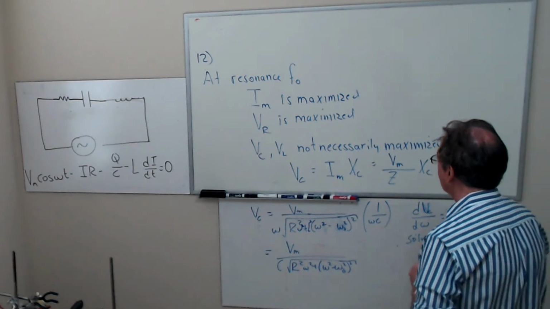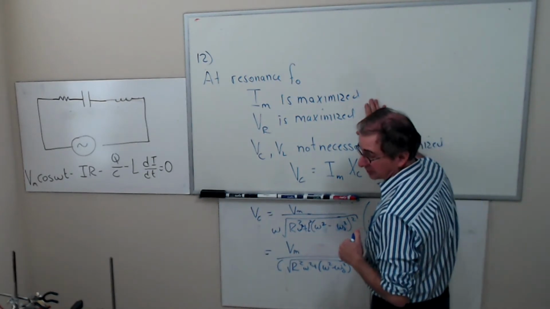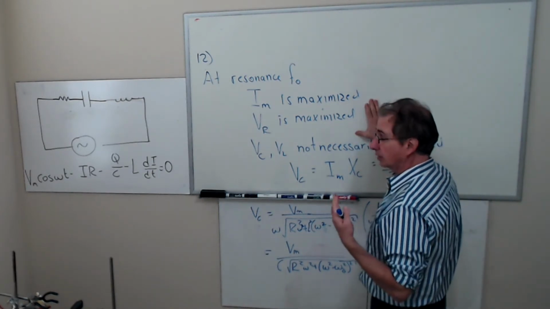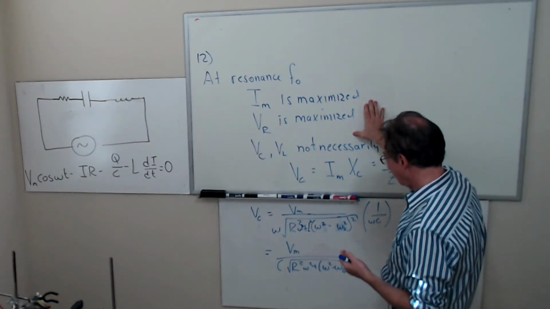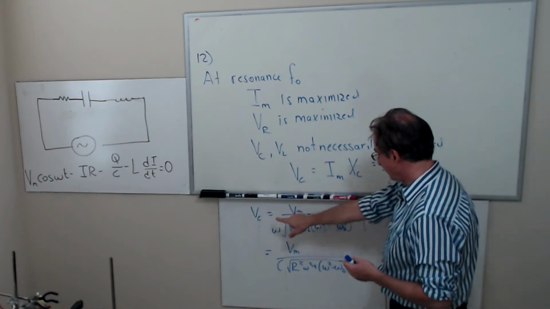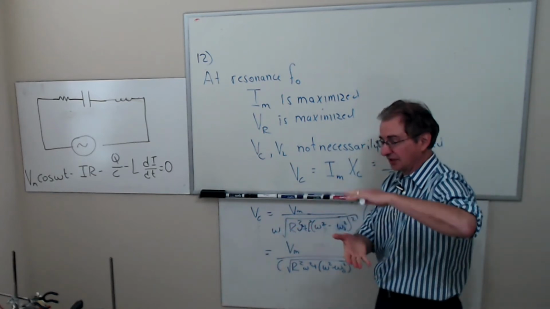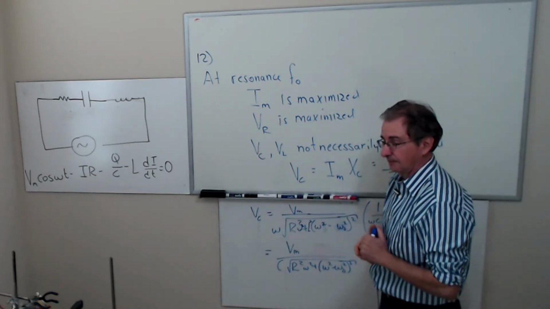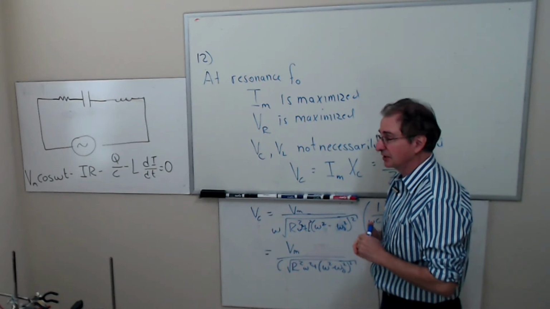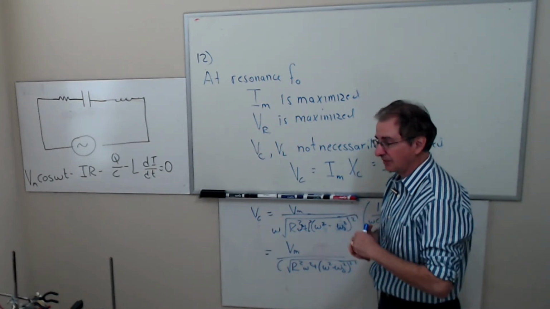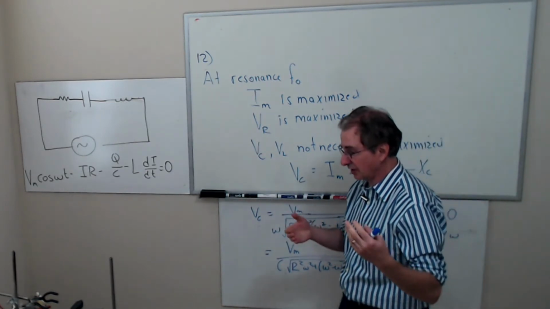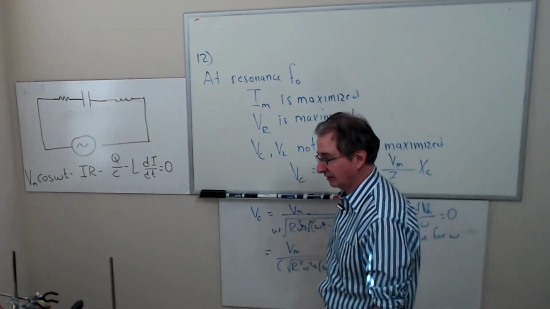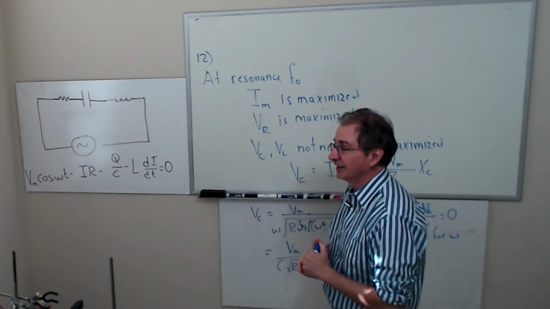Other questions on the assignment? By the way, those of you who are going to take 215 next semester, you're going to do the driven damped harmonic oscillator, where this is going to represent the amplitude of the oscillations. And you'll find that at resonance, the amplitude is maximized, but the kinetic and potential energy are not maximized at that frequency. I'm sorry, let me rephrase that.